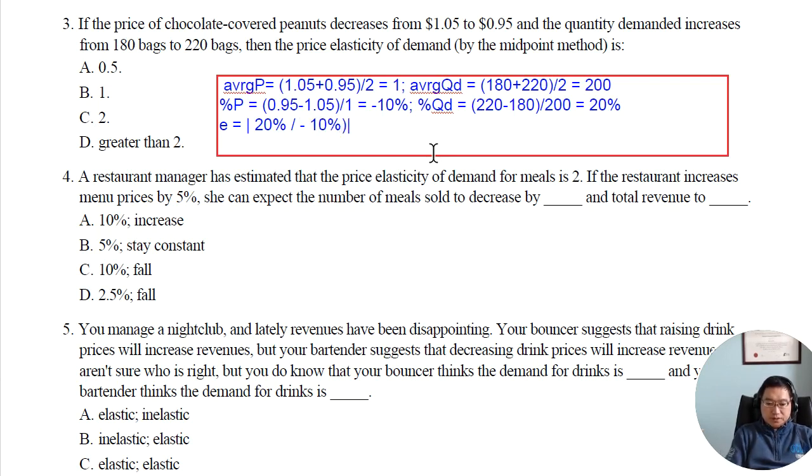I'm going to put this one in parentheses. So it's easy to see the value in this calculation for the price elasticity of demand. You can also think about whether it's elastic or inelastic, but that's the calculation.